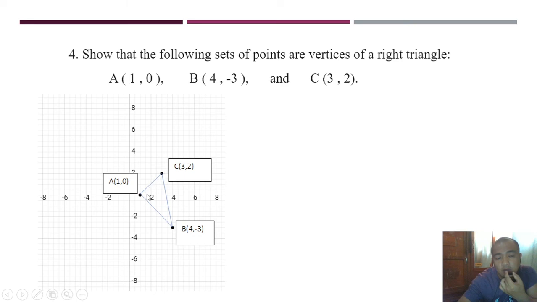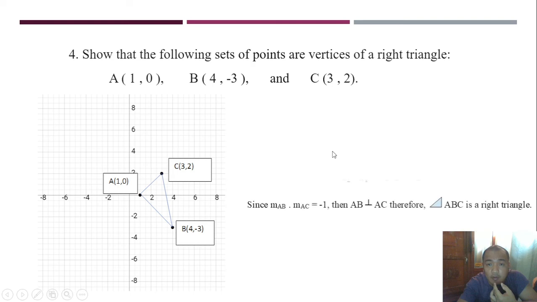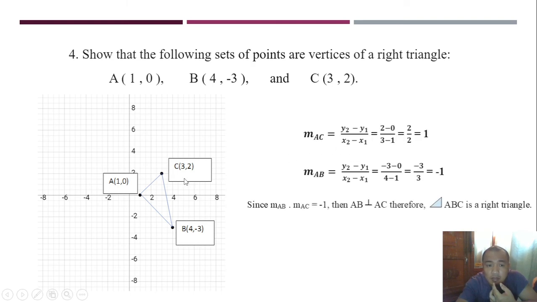We must show that the product of the slopes of their legs is equal to negative 1. The slope of AC is 1, while the slope of AB is negative 1. Since the product of the slopes of their legs is negative 1, AB is perpendicular to AC, and therefore triangle ABC is a right triangle.